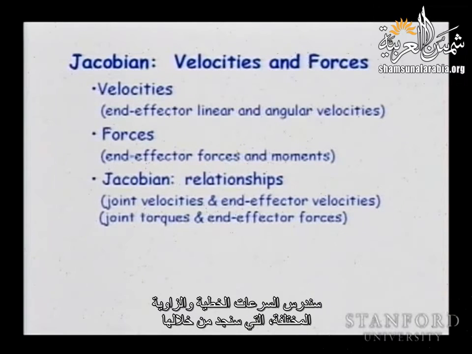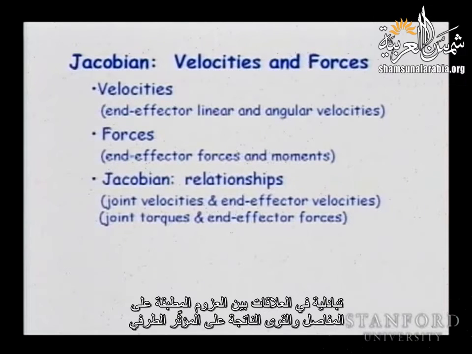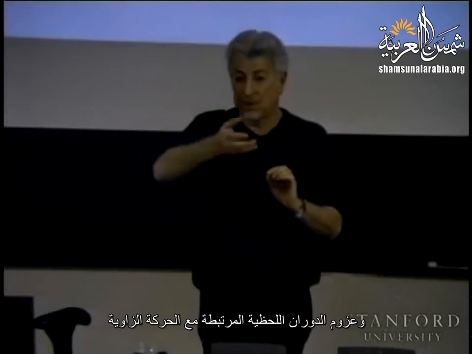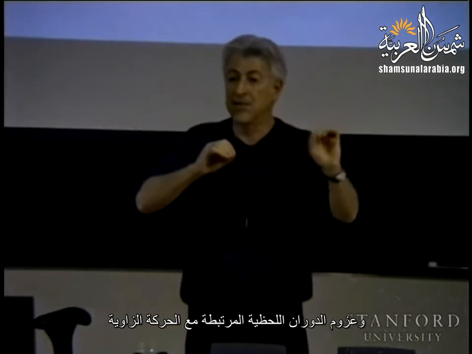And we will examine the different velocities, linear velocities, angular velocities, with which we will see the duality with the relationships between torques applied at the joints and forces resulting at the end effector. Forces are associated with linear motion, moments, torques, associated with angular motion.